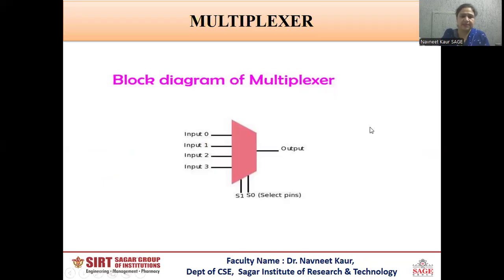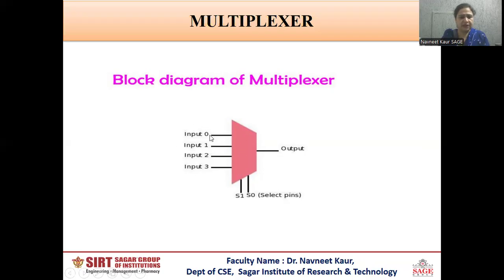This is a basic block diagram of the multiplexer. Here we can see that we have 4 inputs on the multiplexer and a single output is connected. Here we have 2 selection lines. Selection lines are decided on the basis of the number of inputs.